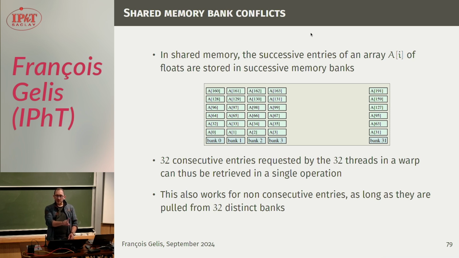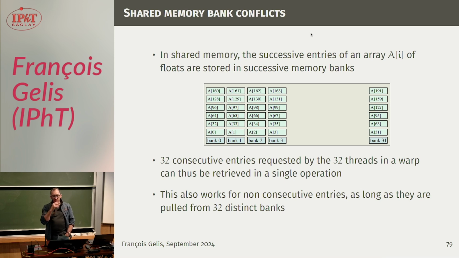If you are reading the rows of the matrix, everything is fine because you are reading sequential banks. But if you happen to read along a column of this matrix, you will access 32 numbers from a single bank, and therefore it will be much slower.